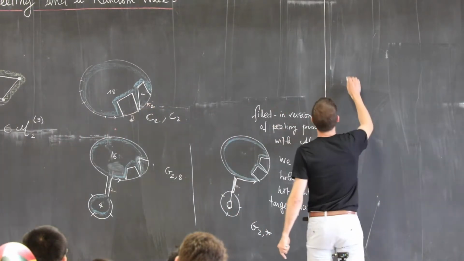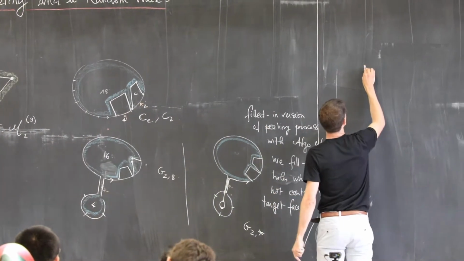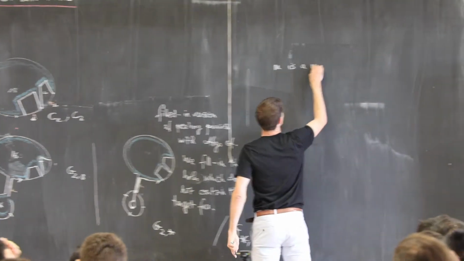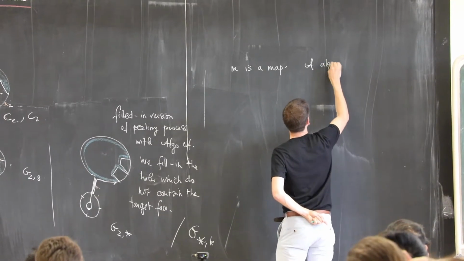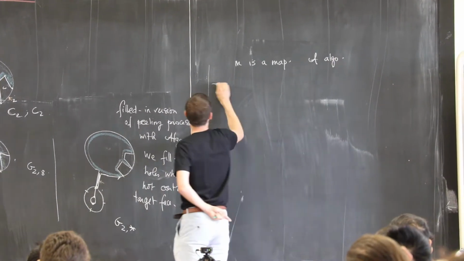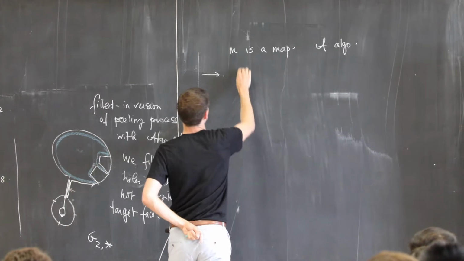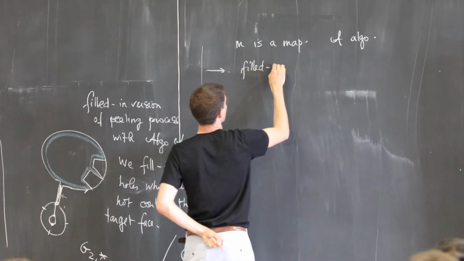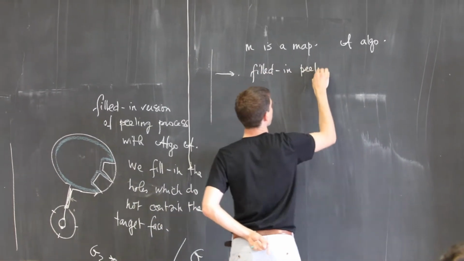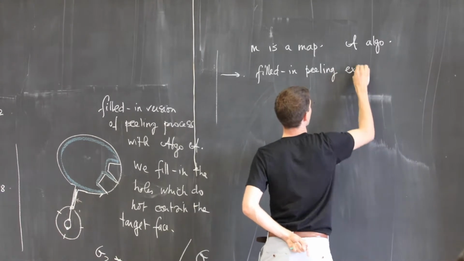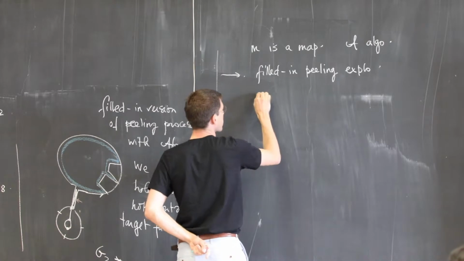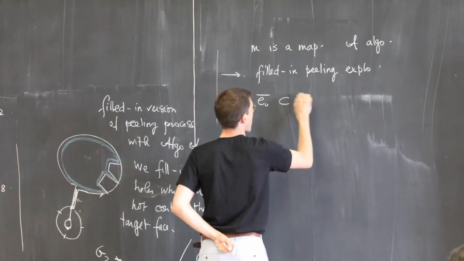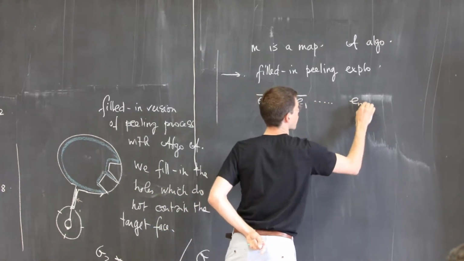So when I do that, if M is a deterministic map, if A is a peeling algorithm, what I can do is consider the filled-in peeling exploration. And this filled-in peeling exploration will always be denoted by E0, E1, En, and so on and so forth.